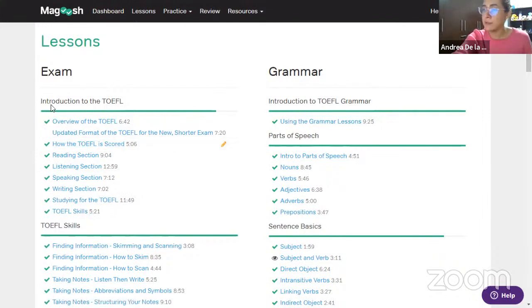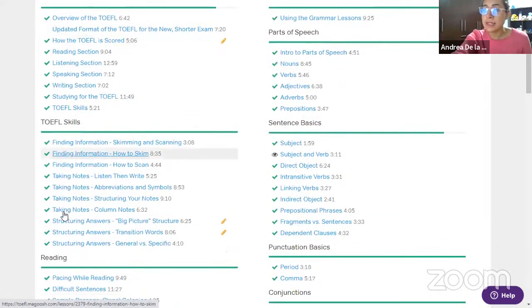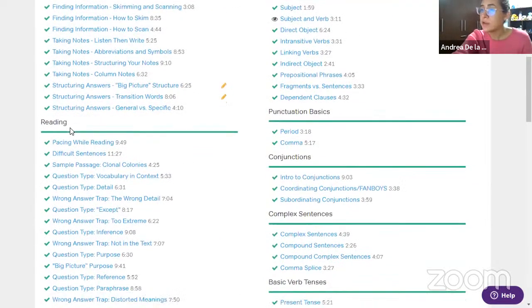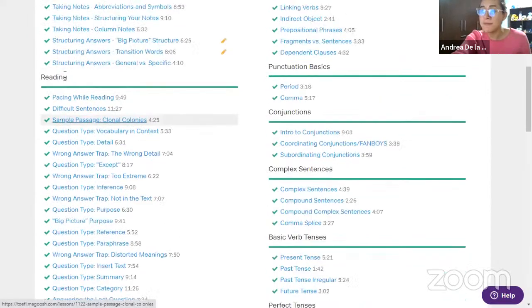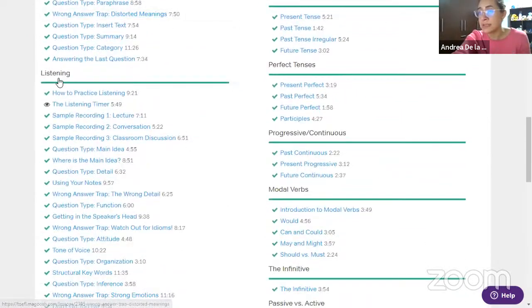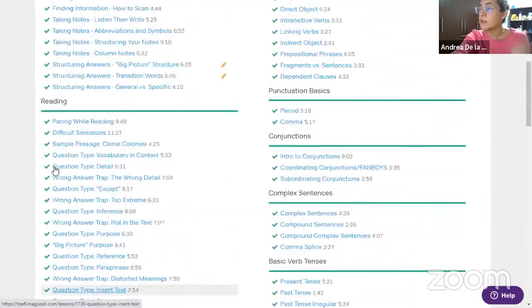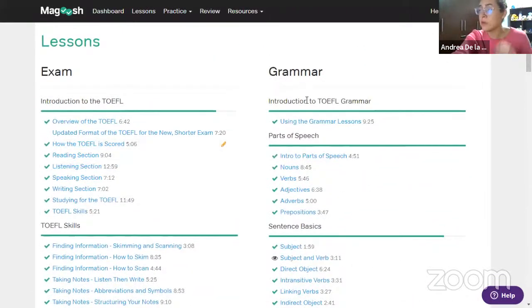So on the left, you have everything related to the TOEFL test, the TOEFL skills that you need, an overview of the test, the updated format of the TOEFL new shorter exam, how the TOEFL is scored, the reading, listening, speaking, writing, everything that you need. And then you have specific lessons for each section, for the listening, for the speaking, the writing, for all of them. And on the right side, you guys have the grammar that you're gonna need for the TOEFL test.